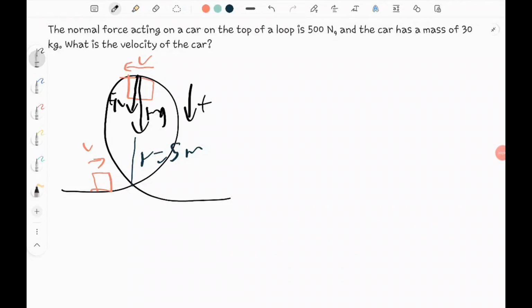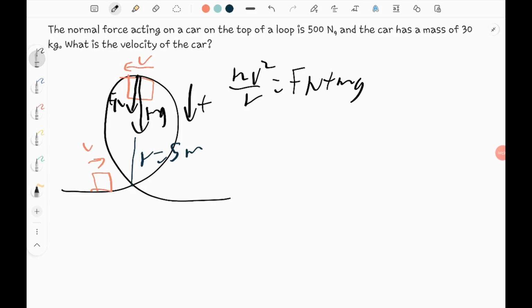Now let's try a slightly different problem. How can we find the speed of the car given its normal force and its mass and the radius of the loop? So we're trying to find the velocity of the car at the top here. Once again, the net force is equal to mv squared over r, and that's equal to the sum of Fn plus mg. They act in the same direction.